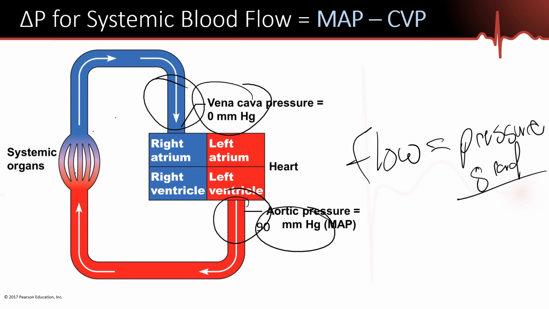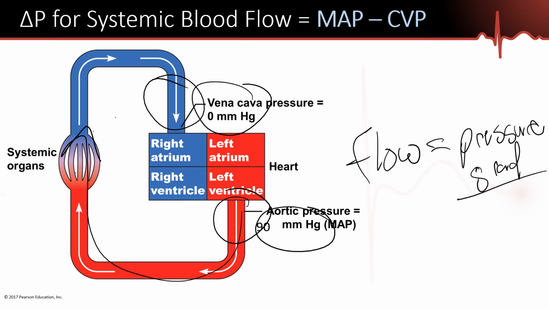And look at this pressure gradient. What should this tell you? Because of this huge pressure gradient that exists between the systemic arteries and the systemic veins, blood is going to flow from the systemic arteries towards the systemic veins. Blood is going to move from high pressures to low pressures, and the blood pressure within the systemic arteries is very high, while the blood pressure within the systemic veins is very low.